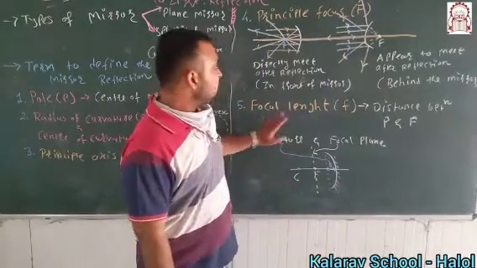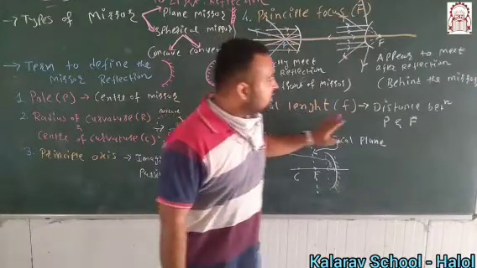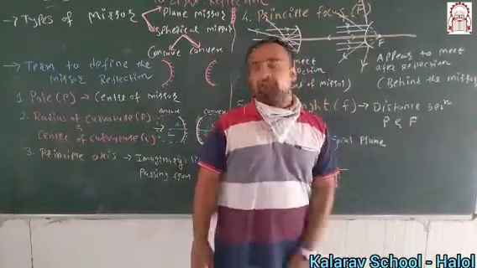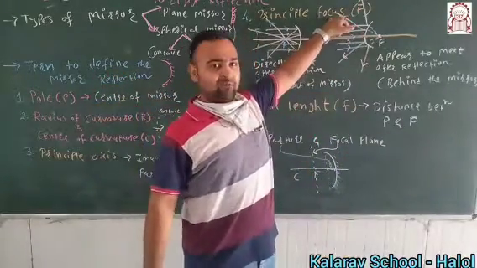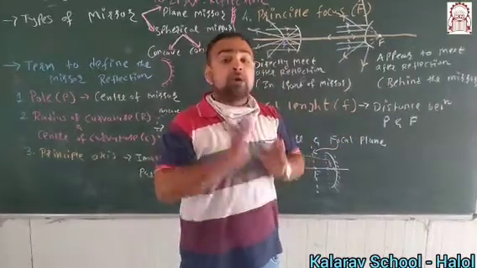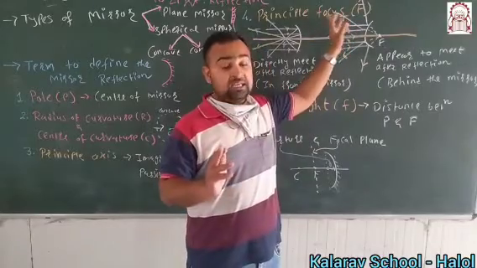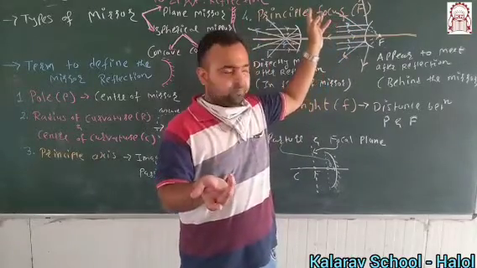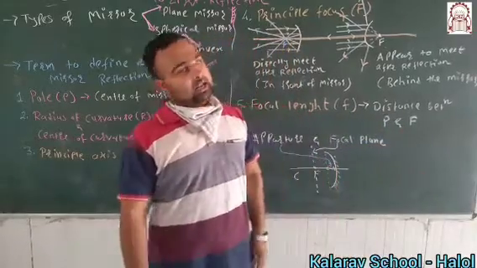It is the distance between P and F, where P stands for pole and F stands for principal focus. That's why it is called the focal length. The principal focus is sometimes also called the focal point.